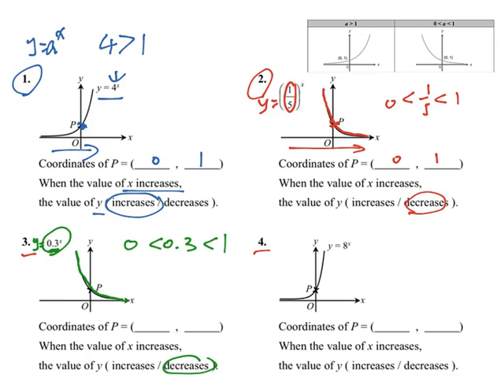So y is decreasing. And this point, 0, 1. For question 4, this time the function is x to the power x. So this number, x is greater than 1. So it is an increasing function. For point P, 0, 1.